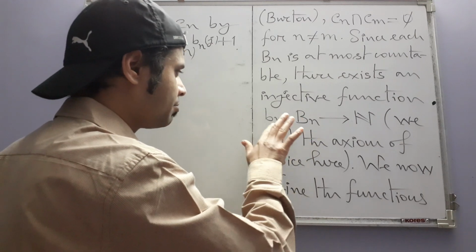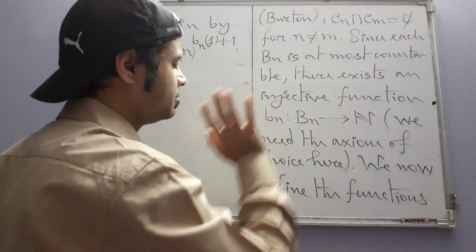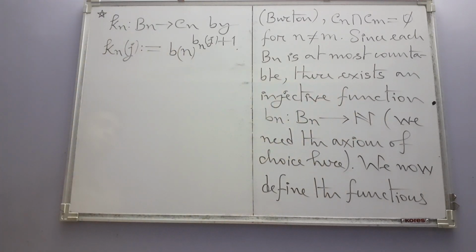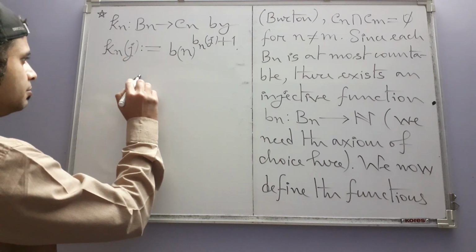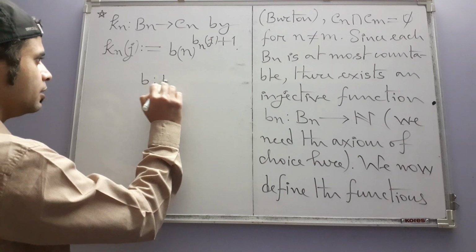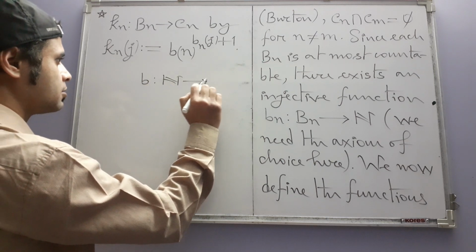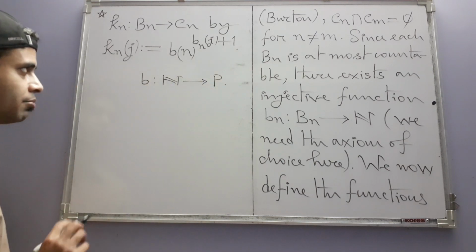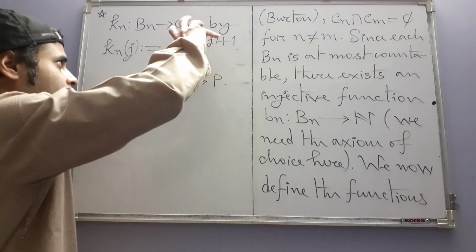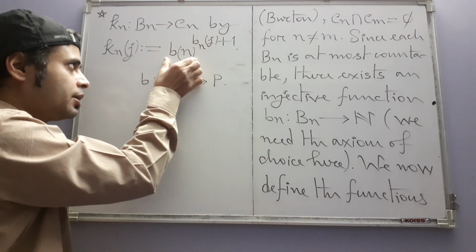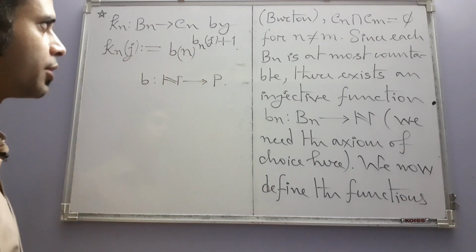We keep in mind that we already have these Bn's. And what was our original function B? The function B helps us label the prime numbers in some order. So in this power, the base B of n is actually a prime number.